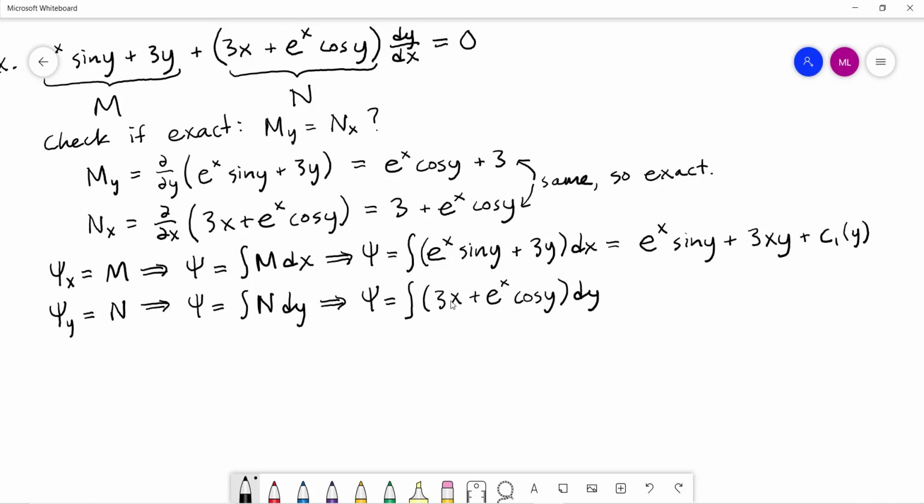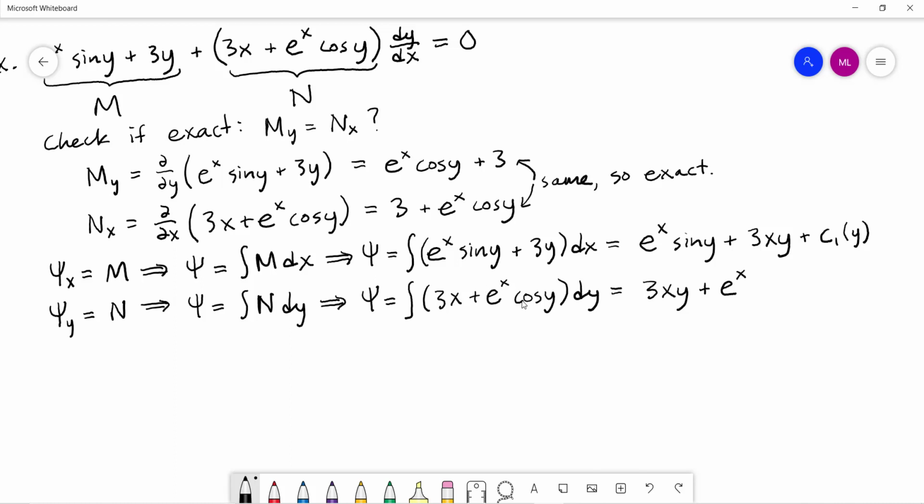So what's the integral of this first term with respect to y? Well, it's a constant as far as y is concerned. So when we integrate a constant, it's just that constant times y. That'll just give me a 3xy. This second term we're also integrating with respect to y. So the e to the x, as far as that is concerned, is a constant. It'll just sift through the integral, so we'll have an e to the x term.